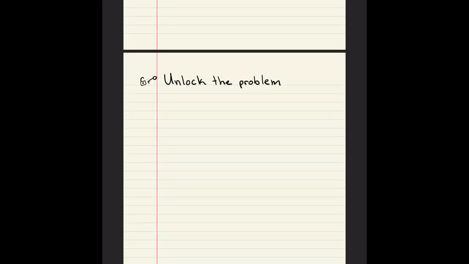So, unlock the problem. We are going to use a factor tree, and we're going to start with 180. Now I need to think, what can I multiply to get 180? It's always easy when the number has a 0 after it, because I know 10 can go into it. So 10 times what? 18.